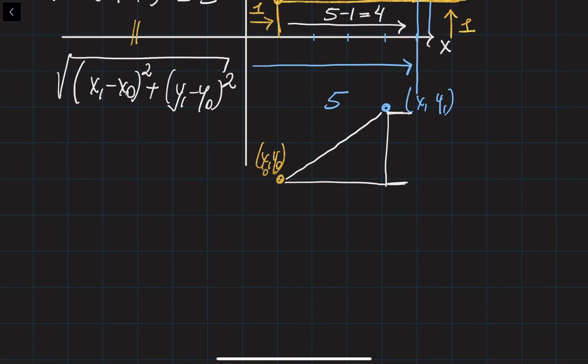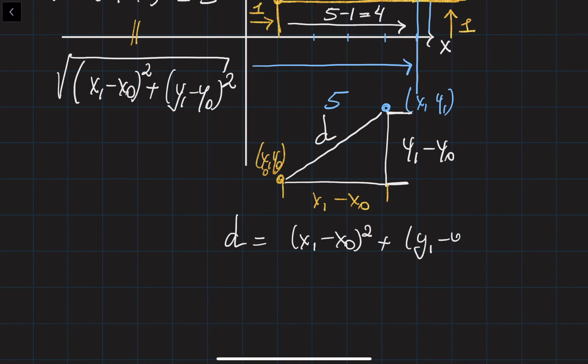Then the height of this triangle is going to be y1 minus y0, and the width of this triangle is going to be x1 minus x0. Then the length of the line segment which connects these 2 points is going to be equal to x1 minus x0 squared plus y1 minus y0 squared. Then we have to take the square root.